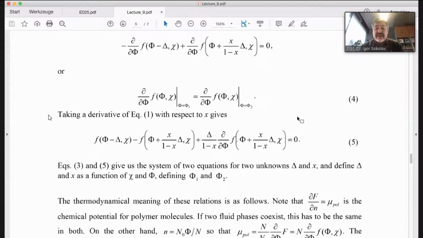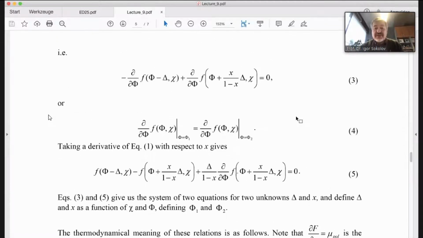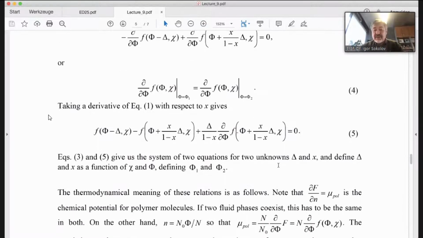But let me tell you, what do these two equations really mean? So here I get that the phi derivatives of phi1 and phi2 of this function f are equal at the coexistence curves. And here, these are essentially the volume derivatives put in an awkward form. It's not awkward, it's the best for the solution, but maybe a bit awkward for understanding. But let's try to understand where the equations stem from.